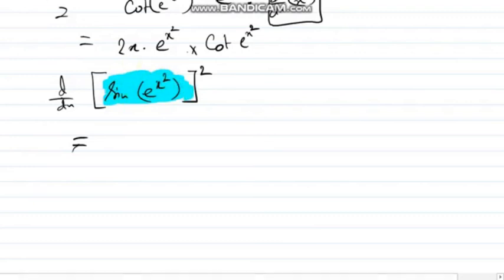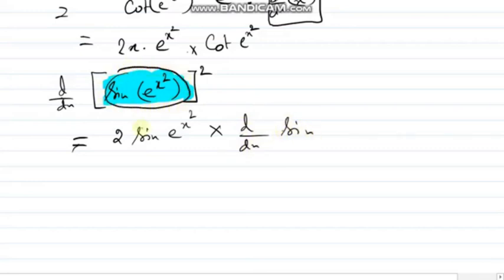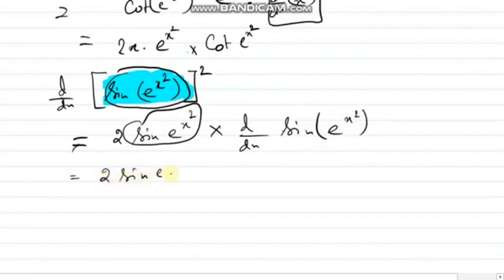d/dx of x square, that will be 2x, right? So it will be 2x into d/dx of x. Just check d/dx of x square. I have taken this as x square, so I am writing 2x into d/dx of that x. 2 sin e to the power x square into d/dx of sin x.